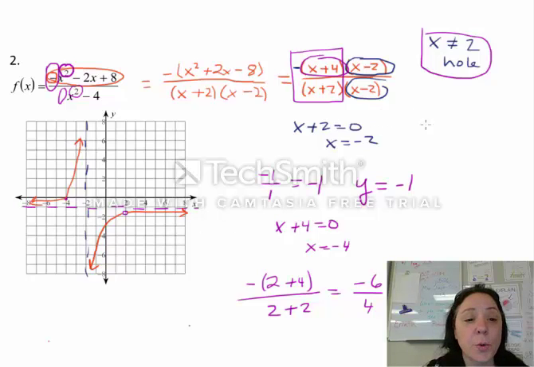So now my domain is going to be all real numbers except x is not equal to 2, where our hole is, or negative 2, where we have our vertical asymptote.